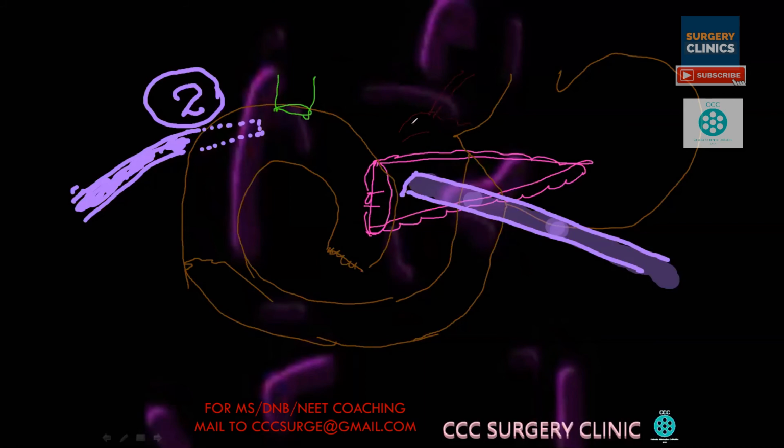It gives off the splenic. That's a wavy thing that goes behind the stomach all the way to the spleen. But you also have the common hepatic, which goes in out here. And the one that you cut is the gastroduodenal. You cut two vessels out here, the right gastric and the gastroduodenal.